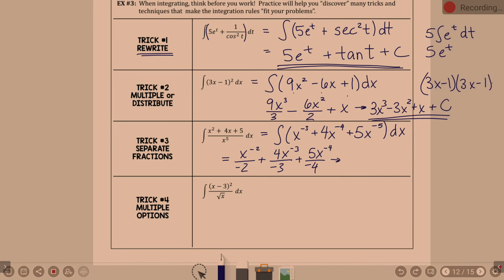So if I get rid of the negative exponents, I'm going to say negative 1 over 2x squared minus 4 over 3x cubed minus 5 over 4x to the fourth plus c.